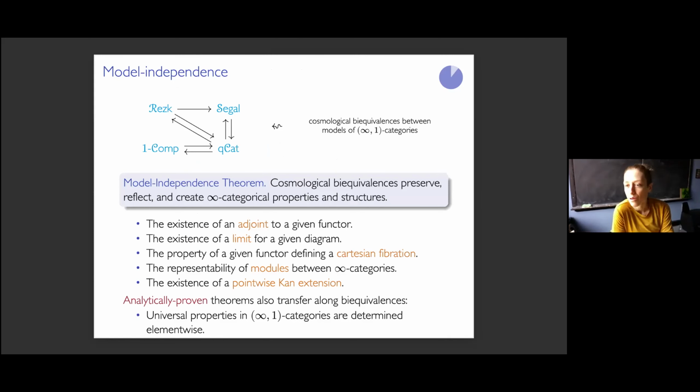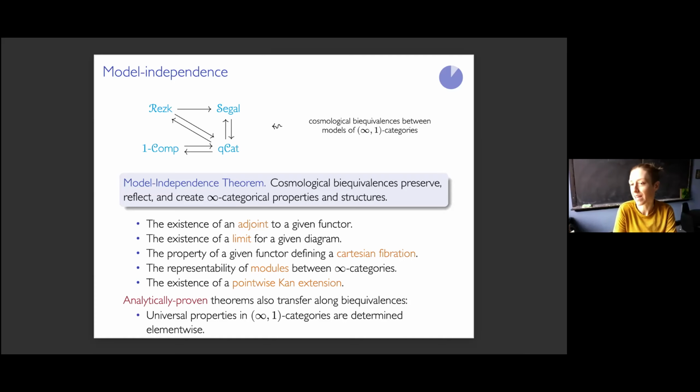So for the aspects of infinity category theory that are developed synthetically, meaning working in any infinity cosmos, it's transparent that those features are model independent, because we never discussed any particular model at the outset. And so a lot of the theory of infinity categories can be developed in this natively model independent fashion.